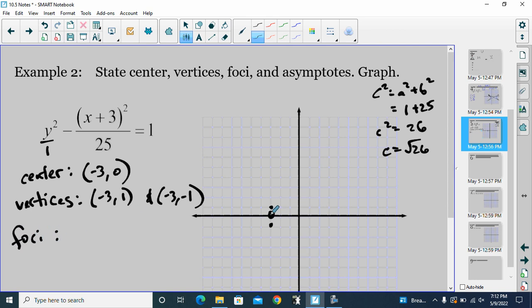Because my vertices line up vertically, I need to go up and down to get my foci. So they start at the center, -3. The y value of the foci starts at 0, plus or minus root 26.